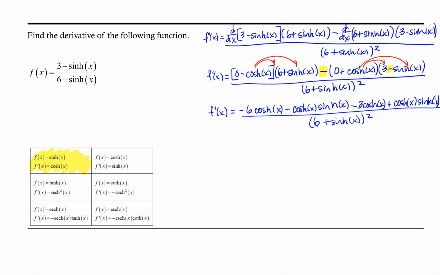Now, let's look at our numerator and see what can be done to simplify things. I notice that I have negative 6 cosh of x minus 3 cosh of x. So that's going to give me a negative 9 cosh of x.